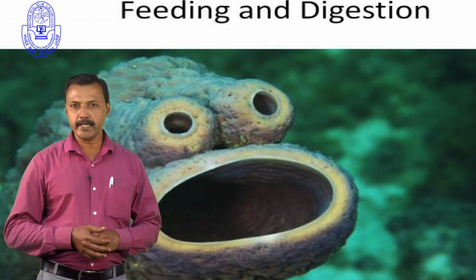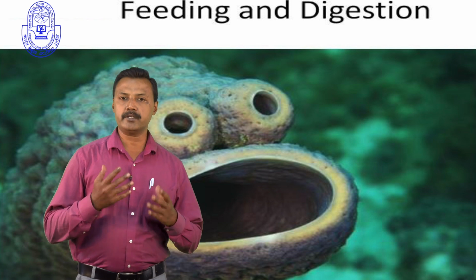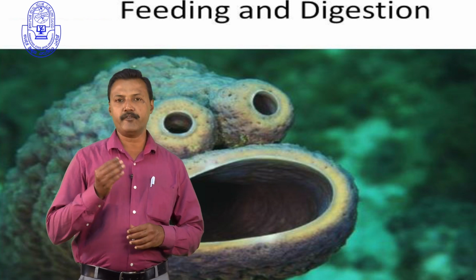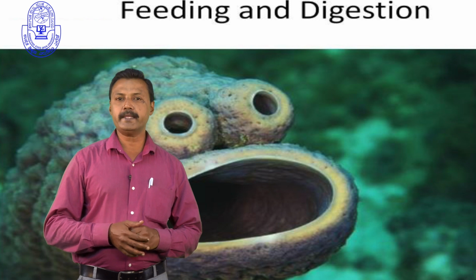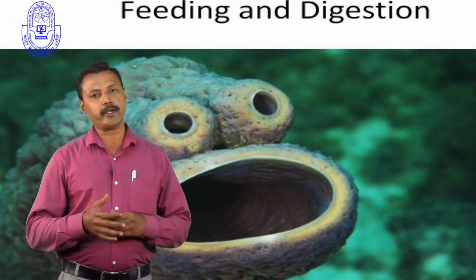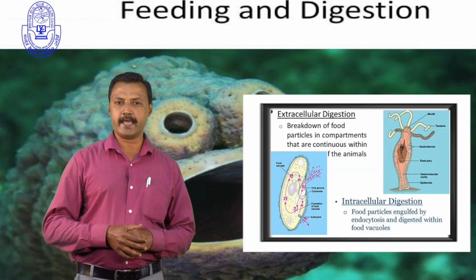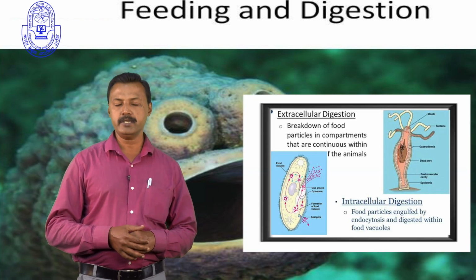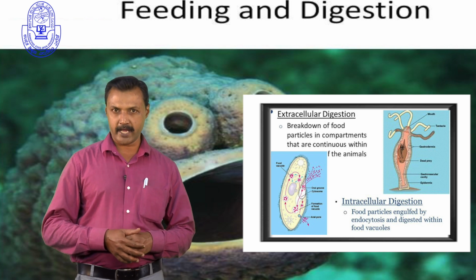So, when the food is trapped by the tentacles and passed on to the hypostome, the food enters the gastrovascular cavity where it undergoes two important types of digestion. One we call the extracellular type of digestion, the other we call the intracellular type of digestion.